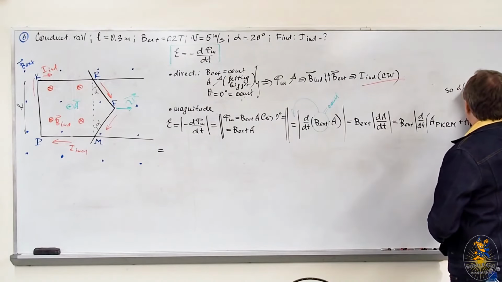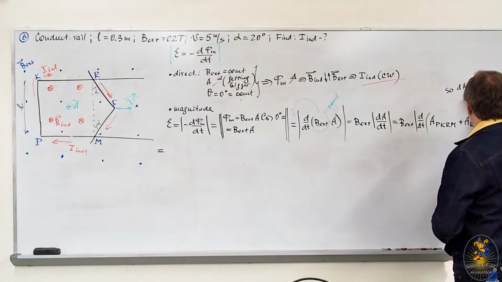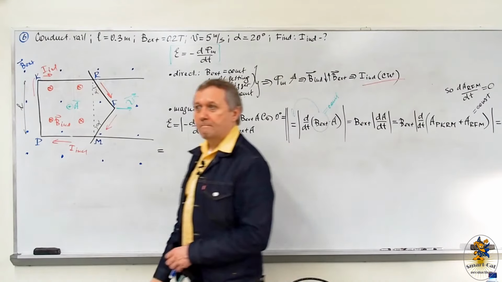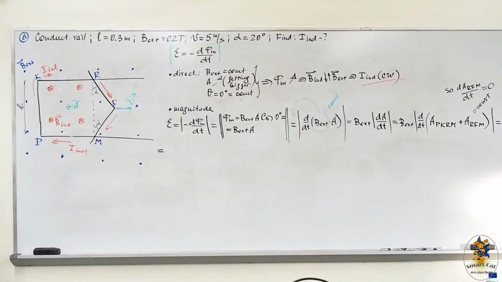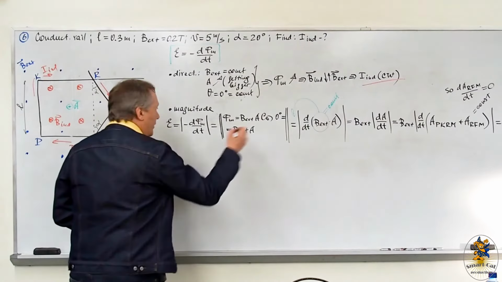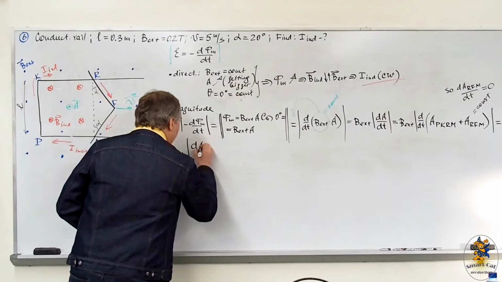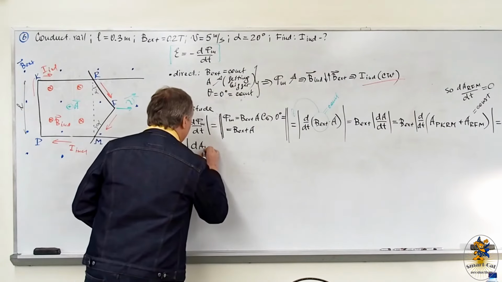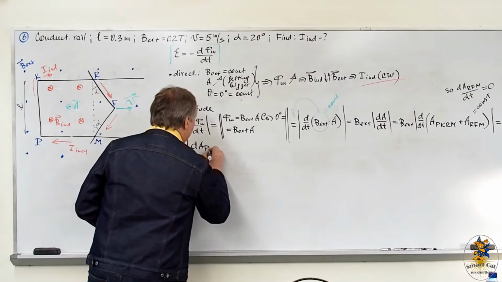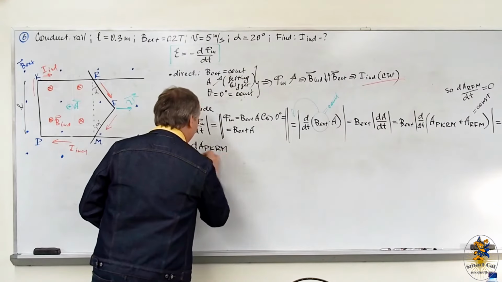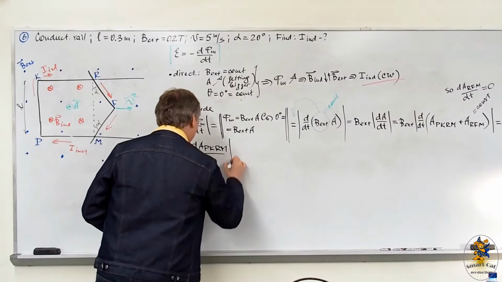So dA of RFM over dt equals 0. The derivative of that area is 0. As a result, we'll have B external times the derivative of the area of the rectangle, over dt.